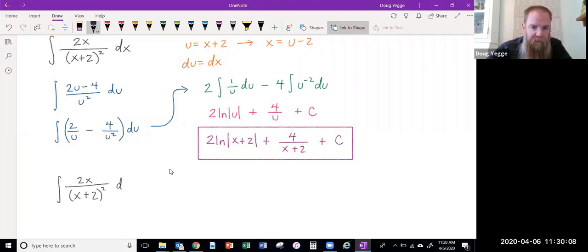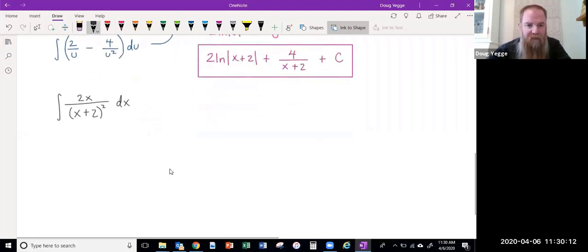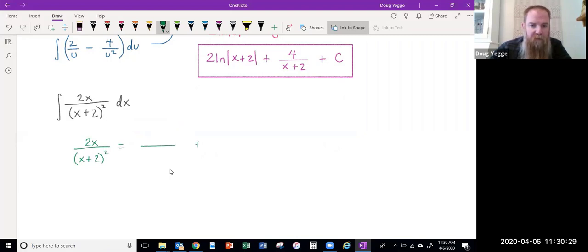The first thing we're going to do is recognize that if we're going to do this partial fraction decomposition, we should be able to rewrite this integrand separately. Notice that we're just doing some side work here. I should be able to rewrite this integrand as a sum of 2 different fractions.